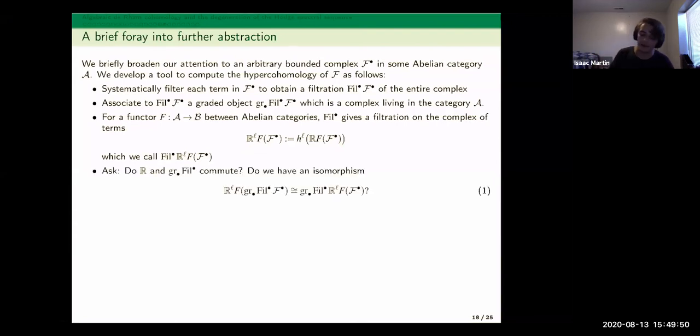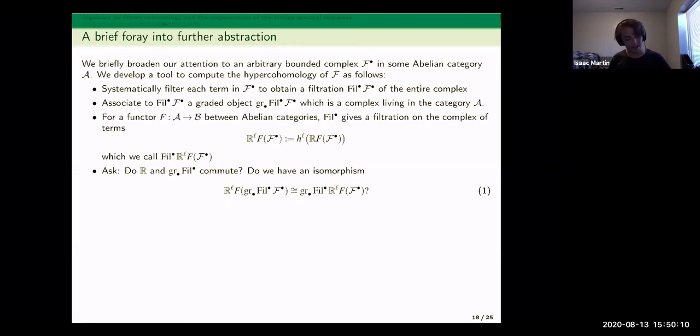We have this object right here, and we have this object right here with two graded objects, and we can check that these both live in the category B. And so it's natural to ask, do R and grade fill commute? So that is, do we have this isomorphism between these two things?